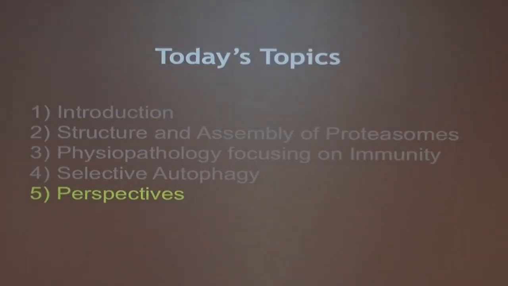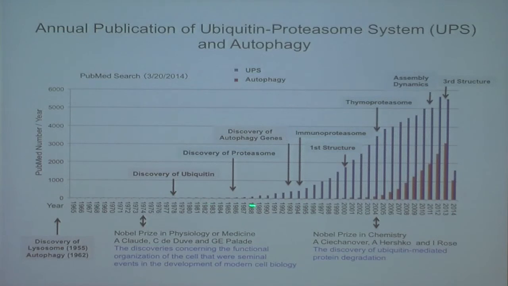And then, perspectives. Well, I have no time, so there is only one slide, on the publications on the ubiquitin-proteasome system and this autophagy system. As you can see, ubiquitin was identified in 1978 or so. The proteasome was discovered in 1988, and we discovered the immunoproteasome in 1991 and the thymoproteasome in 2007.